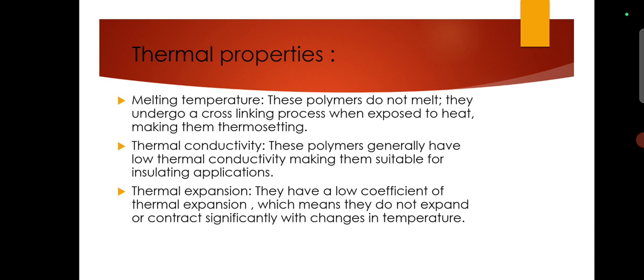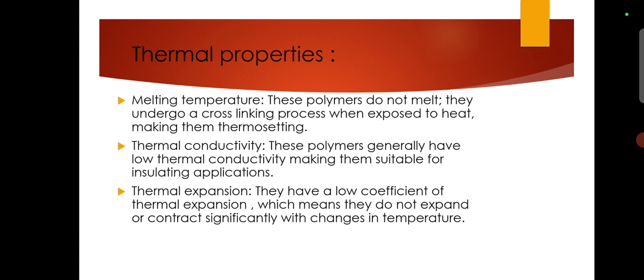Thermal properties of Novolac include melting point, thermal conductivity, and thermal expansion. These polymers do not melt once they undergo a cross-linking process. Instead, when exposed to heat, it makes them thermosetting. These polymers generally have low thermal conductivity, which makes them suitable for insulating applications.